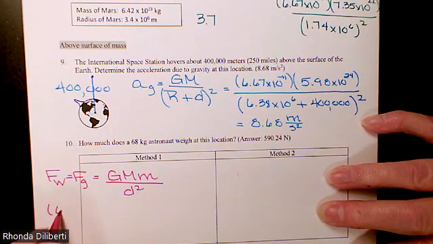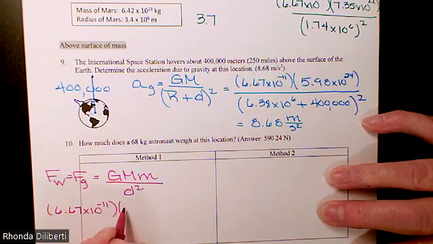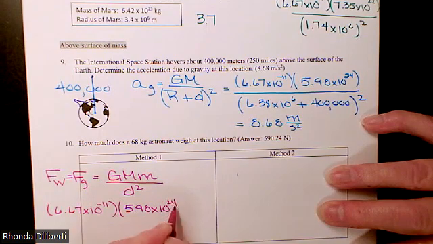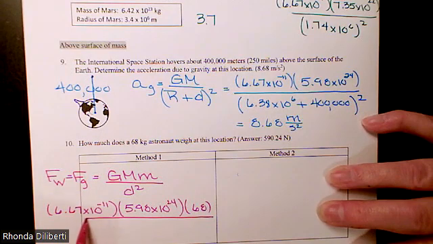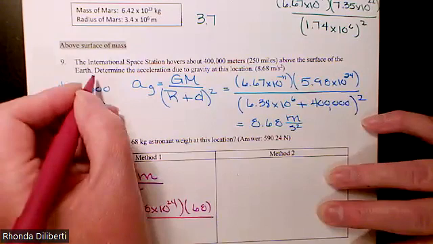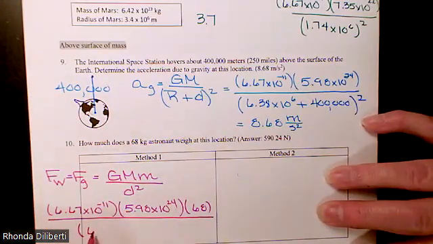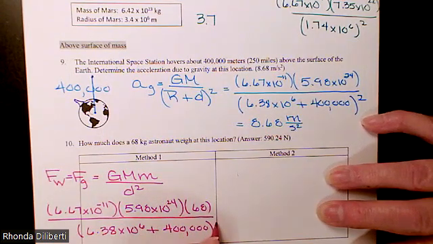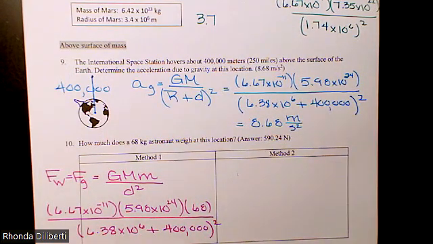My numbers would be 6.67 times 10 to the minus 11, the mass of the Earth is 5.98 times 10 to the 24, the astronaut has a mass of 68, and the distance between them is the radius of the Earth, 6.38 times 10 to the 6th, plus how high up the astronaut is, and then I'm going to square it.